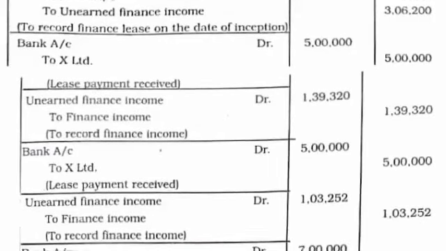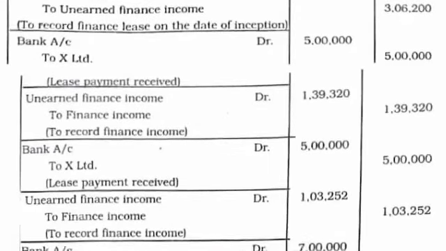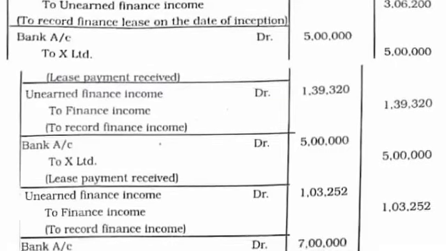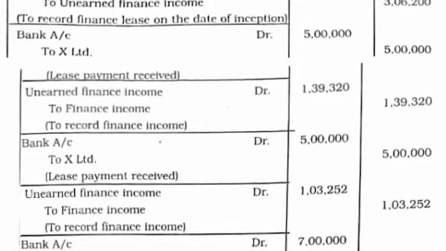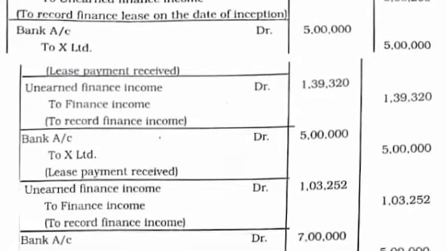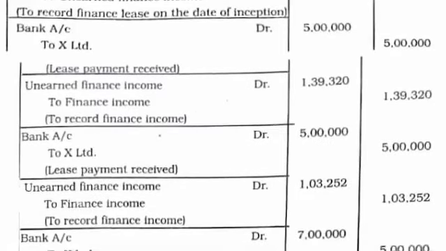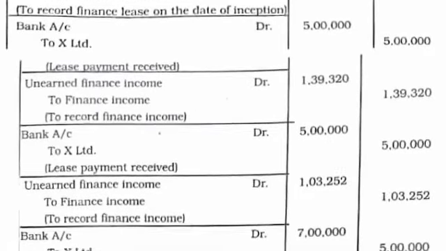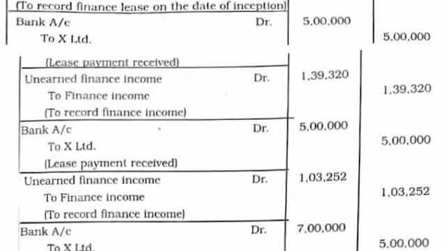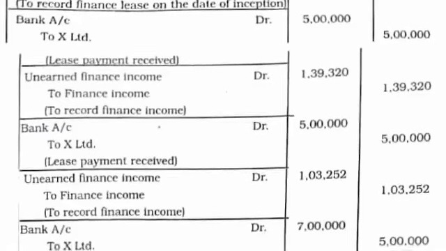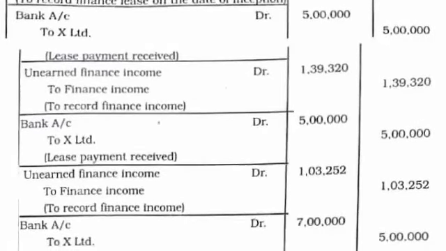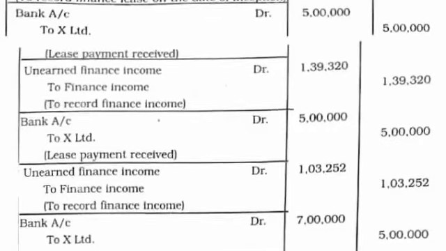Here the entry is unearned finance income debtor to finance income, the interest amount 1,39,320. Then the next year the 5 lakh is received as lease payment, bank account debtor to X Limited 5 lakh. Then the same entry for interest received, unearned finance income to finance income 1 lakh 3,252.